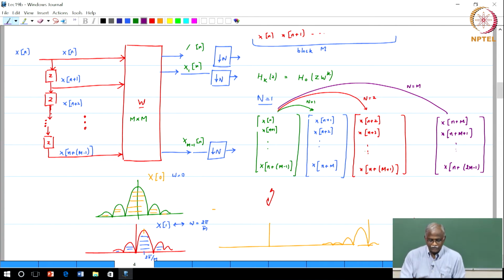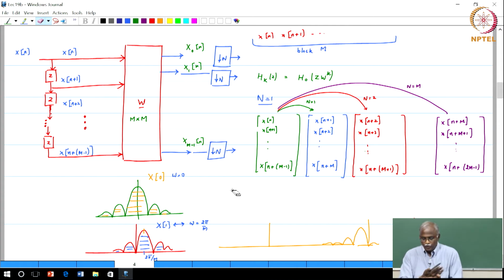So, I just wanted to leave you with the thought that this is a very powerful structure. It is one that we can use quite extensively to analyze the various DFT computations that we do, and it is very flexible, and it gives us all of the types of overlap.